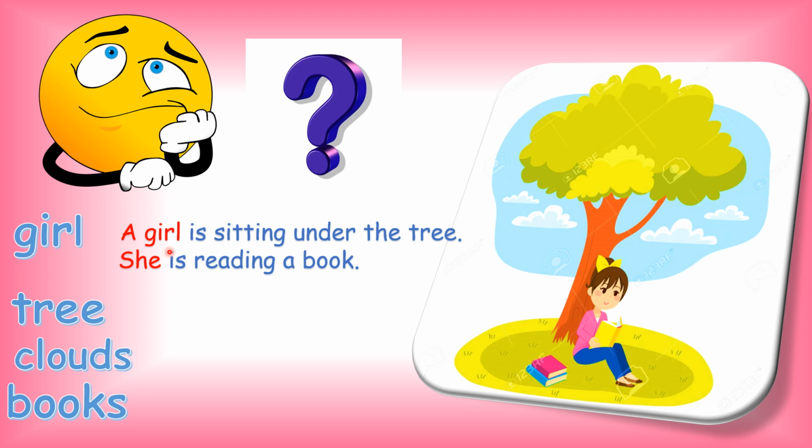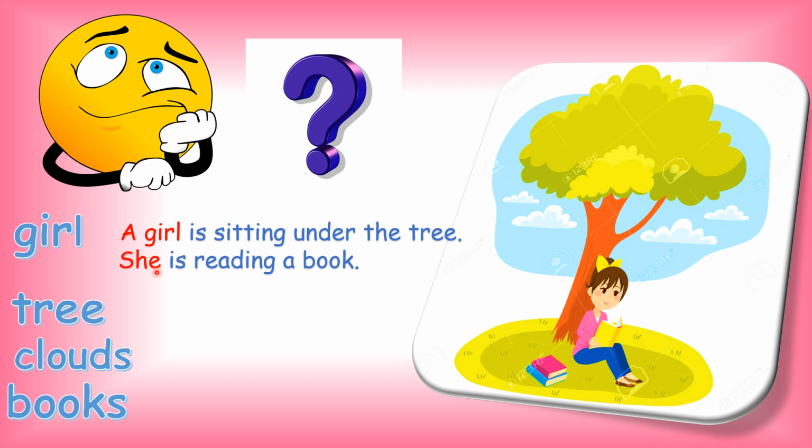A girl is the subject. And this part in blue, is sitting under the tree, is giving information about the girl, what action is done by the girl or what this girl is doing and what this girl is. So this is the predicate because this blue part is giving information about the subject.